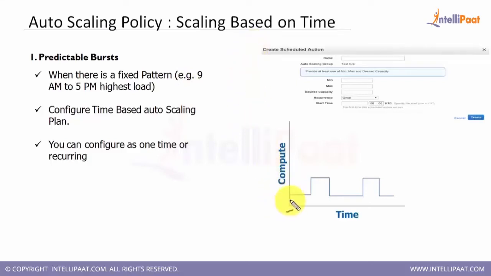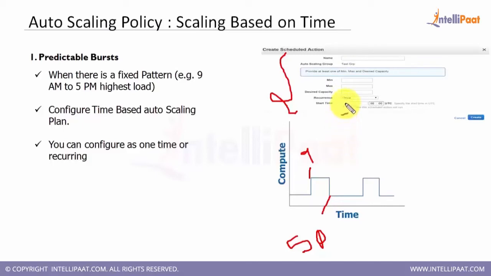Suppose when you are doing your load monitoring with CloudWatch, you feel that every day at 9 a.m. the load increases and every day at 5 p.m. the load decreases. What you can do is, auto scaling allows you to scale based on a schedule. So you can create a schedule where it would automatically increase the capacity, and based on the schedule it will decrease the capacity also.